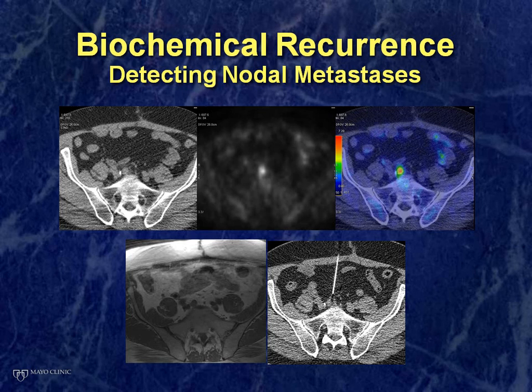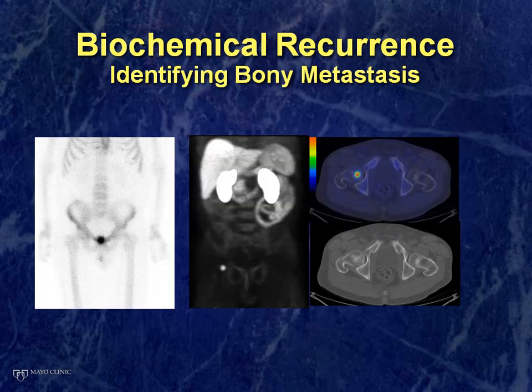We're looking at spread to the lymph nodes, especially when people have been treated initially and now their PSA is rising again and we can't seem to find it. This is a way that we're able to find it, in this case in the lymph nodes or in the bones. When many of our other tests, even some of our other functional tests are negative, we're able to see it within the bones. It gives us another sense, another appreciation for what's going on.